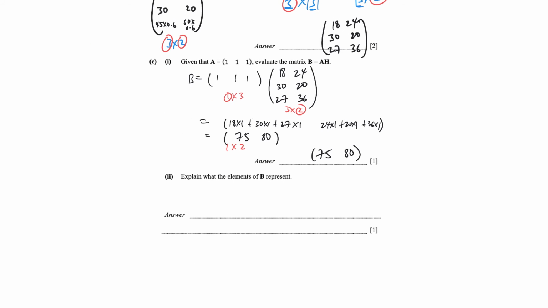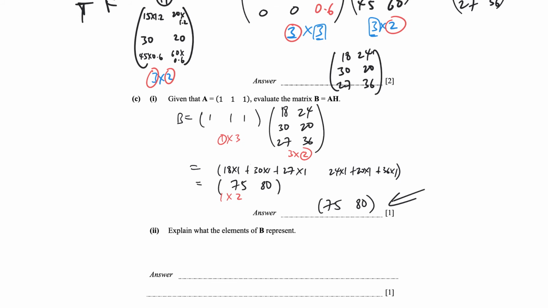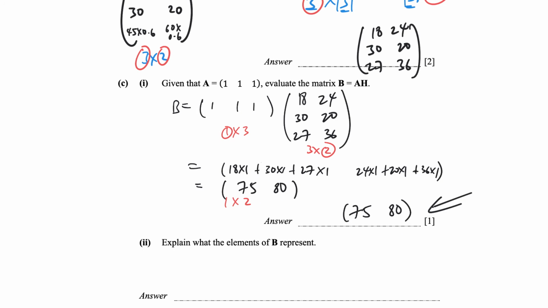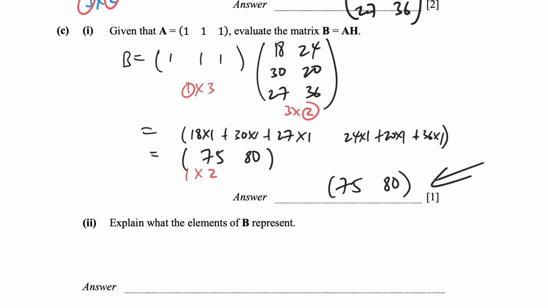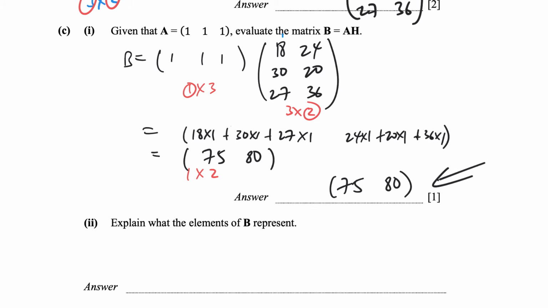And now we want to explain what the elements of B, which is this, represent. And so you can see over here, remember this is Tuesday and this is Friday. And this is jogging, cycling, swimming. So actually let's write that down again. This is my Tuesday, this is my Friday, this is my jogging, cycling and swimming.